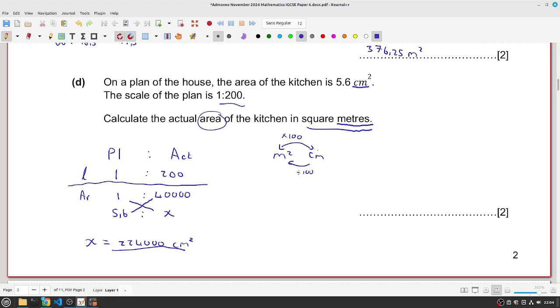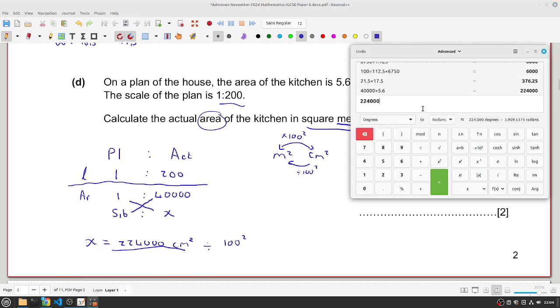But as we make it square meters and square centimeters, then we just add a square here. So times 100 squared or divided by 100 squared. So going from squared centimeters to squared meters means we have to divide this by 100 squared. Okay, so divide that by 100 squared will be 22.4. But let's just make sure. Take that, divide that by 100 squared. We get 22.4.